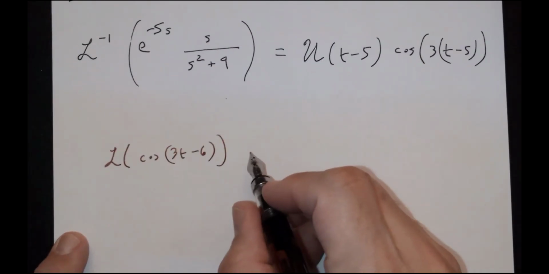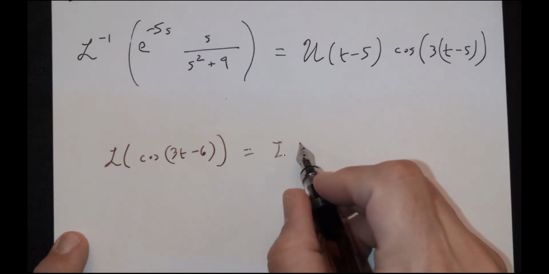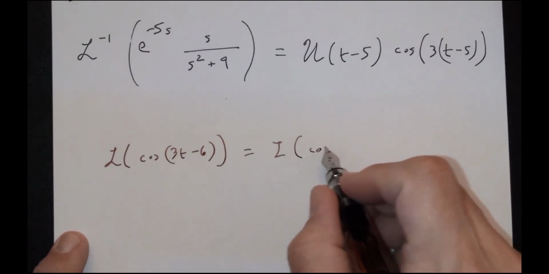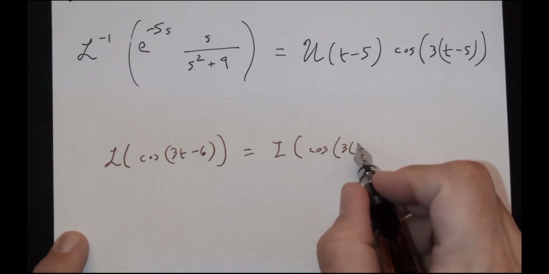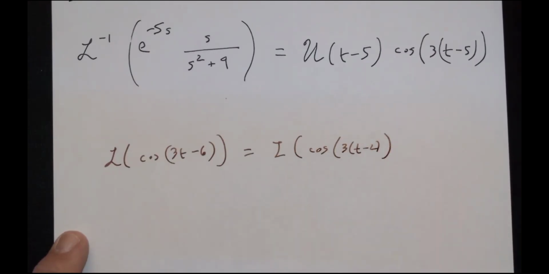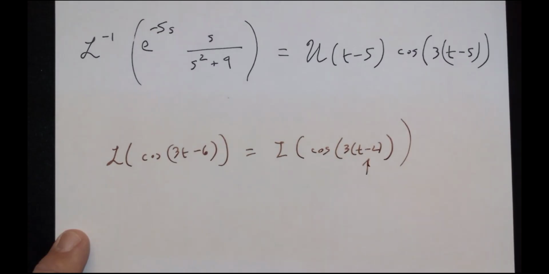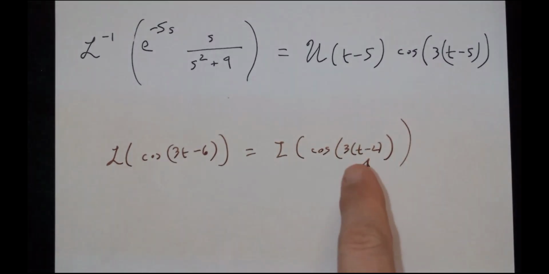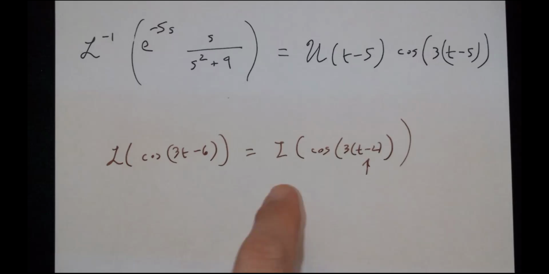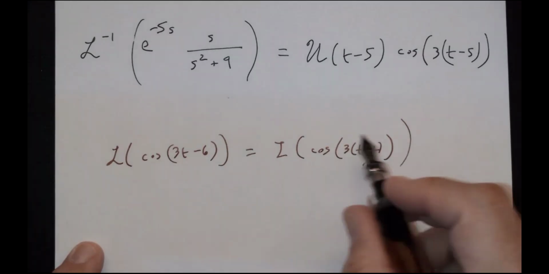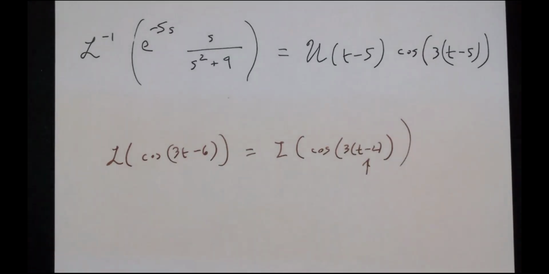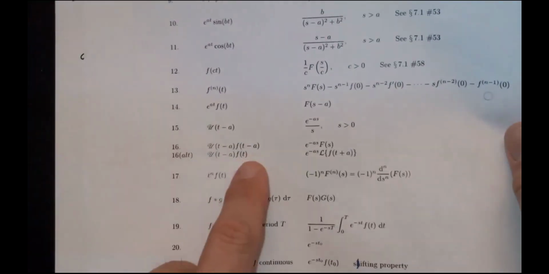But I can think of this as the Laplace transform of cosine of 3 times t minus 2. That's my shifting already, right? That's already shifted. So when I go to do this Laplace transform, I'm like, oh, okay. I can think of that as already having the shift in it here.